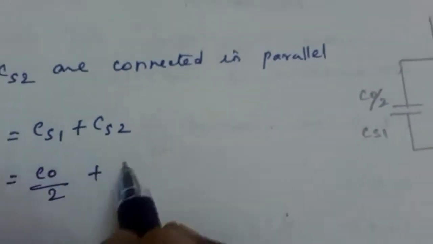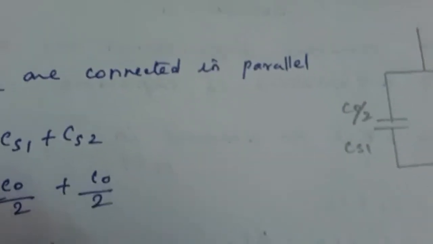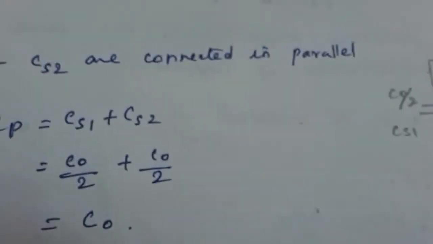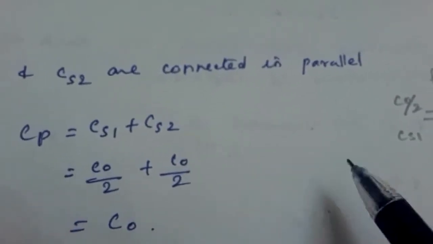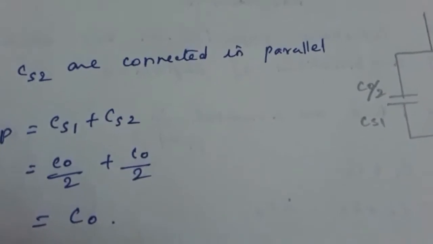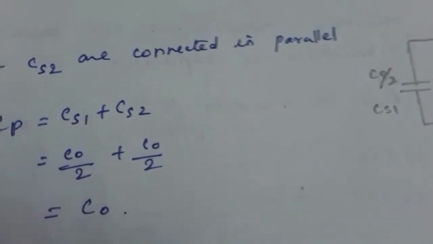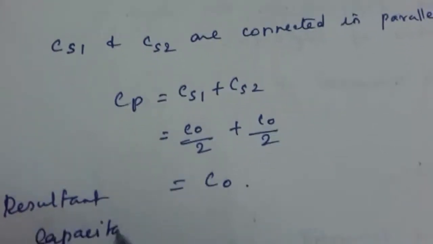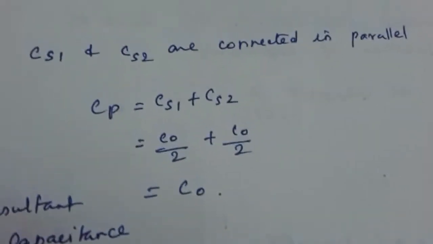What is your CS1 value? C0 by 2 plus C0 by 2. That's nothing but C0. So the resultant capacitance is C0.